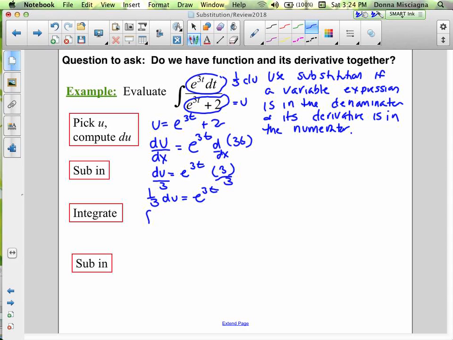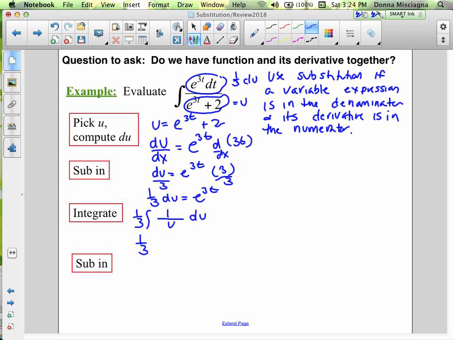So we have the integral, and we can put the 1/3 in front. 1/3, and then because that's in the denominator, we have 1 over u du. Right? And everybody's been taken care of. We've replaced the e to the 3t dt with a 1/3 du. We replaced the e to the 3t plus 2 in the denominator with a u. And now let's integrate. This is an easy one.